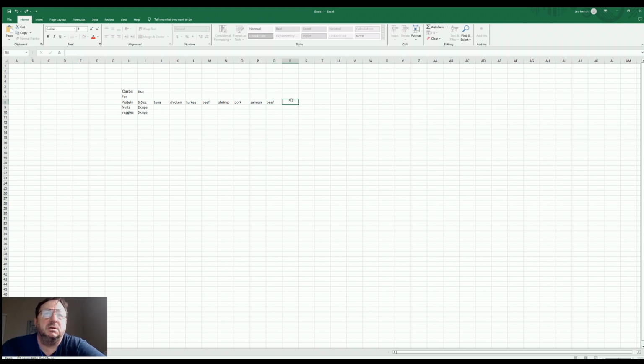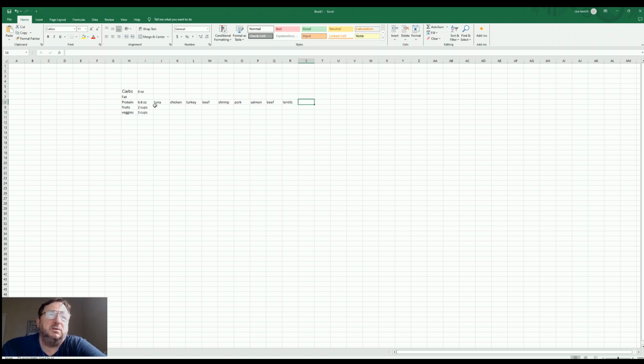Then suppose I want to replace sometimes meat by vegetarian, so lentils. Once in a while it changes. So this would be your protein.